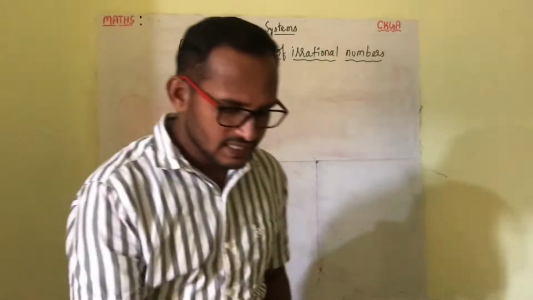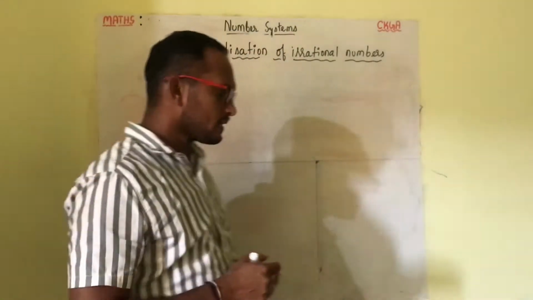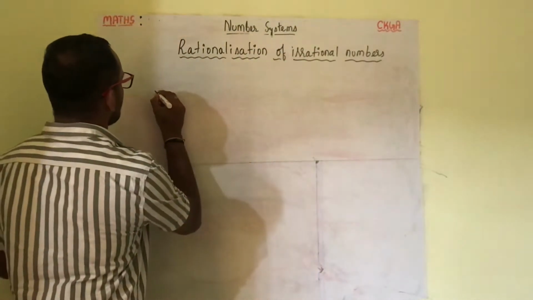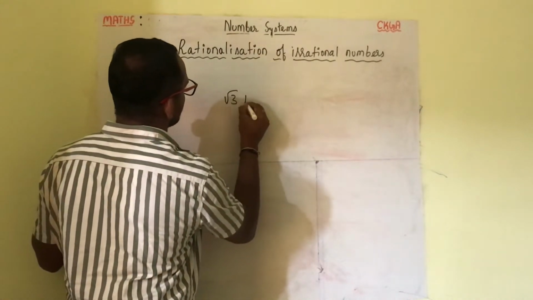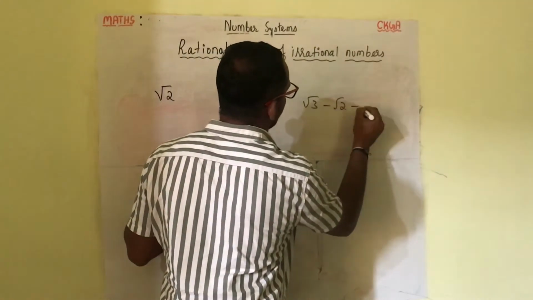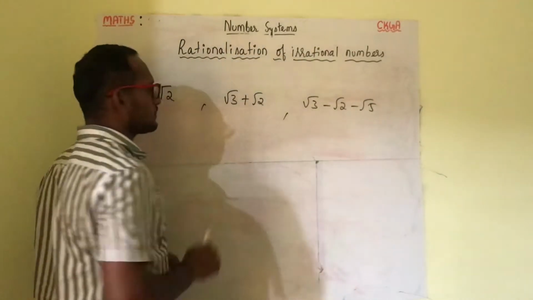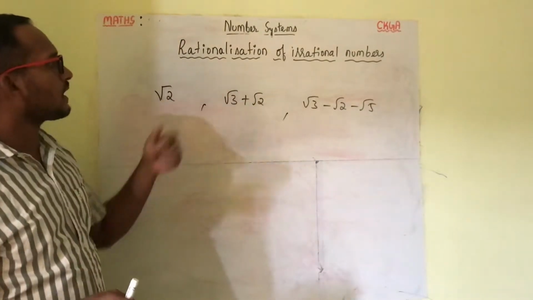Now let's learn the types of irrational numbers. I'll write some irrationals on the board: square root of 2, root 3 plus root 2, root 3 minus root 2 minus root 5. Based on the number of terms, I can categorize irrational numbers.